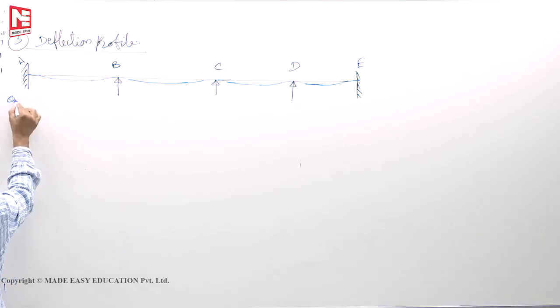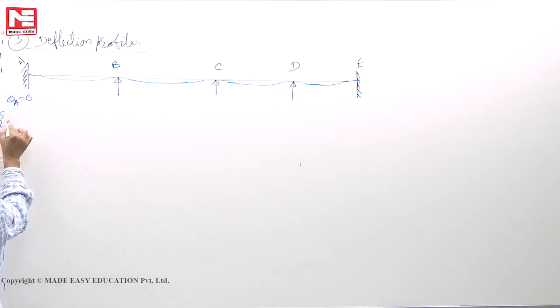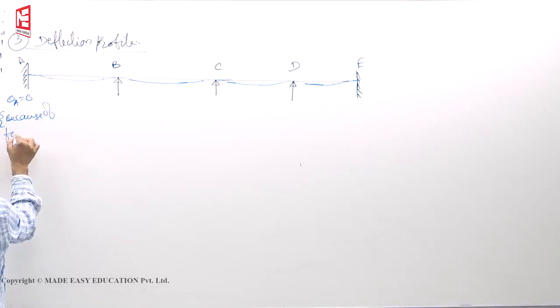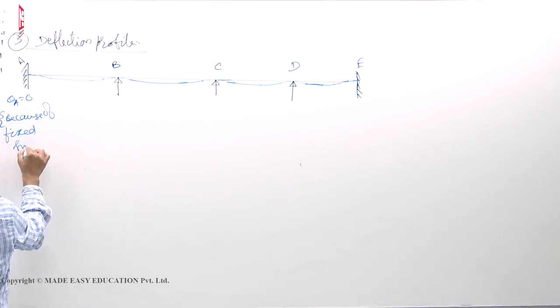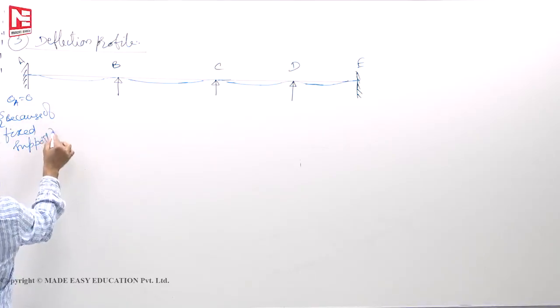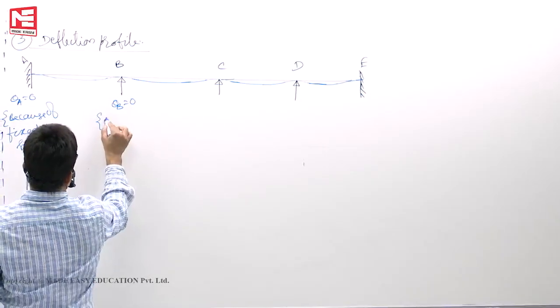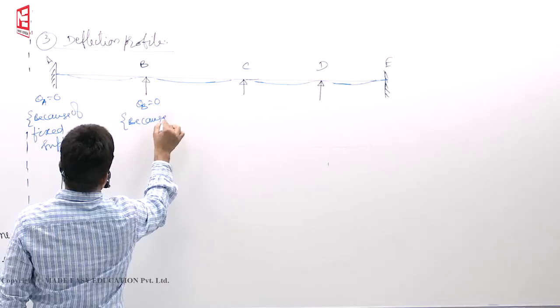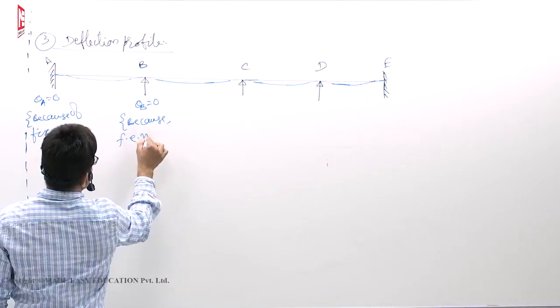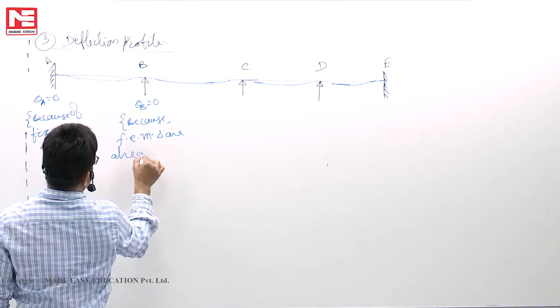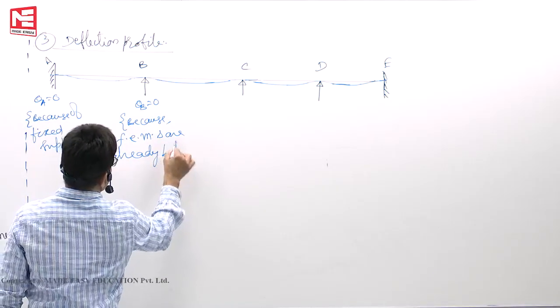Theta A is equal to 0. This is because of the fixed support. Theta B is 0 because fixed end moments are already balanced.